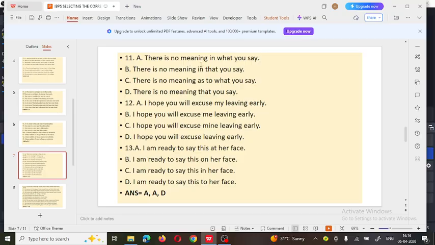After "there is no meaning" we must get "in what". Here "in" is used, and again "what you say" must be there. That's why only option A is correct here.